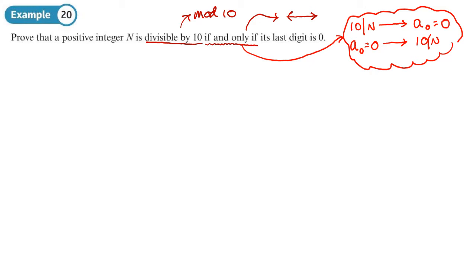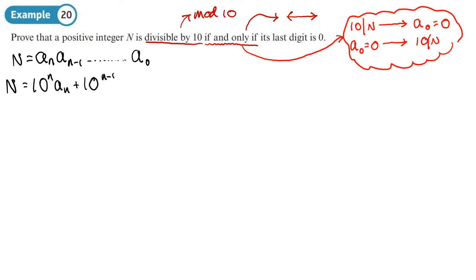So the first thing we're going to do is say, right, let the digits of this integer be written like this, going up to a0. So that means that we can write n as powers of 10, so 10 to the power n, an, plus 10 to the power n minus 1, a(n-1), plus dot dot dot.